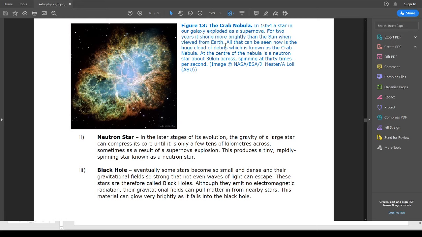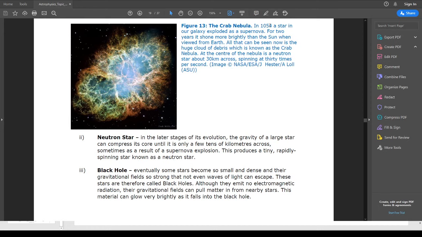Can you believe it? Brighter than the sun, and it is hundreds of times farther away than the sun, because it's definitely not in our solar system. It's another star in our galaxy.